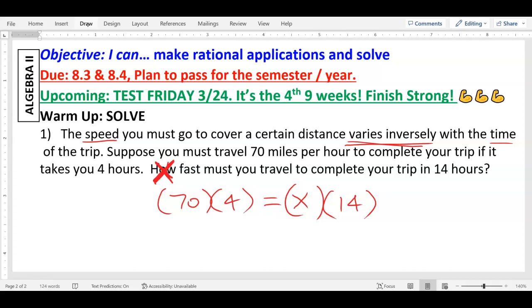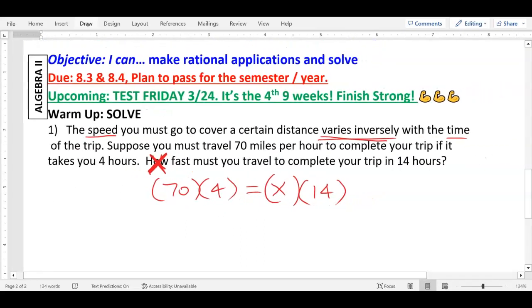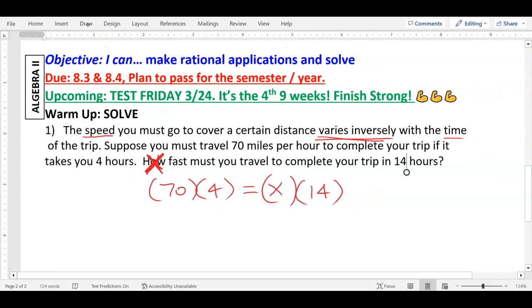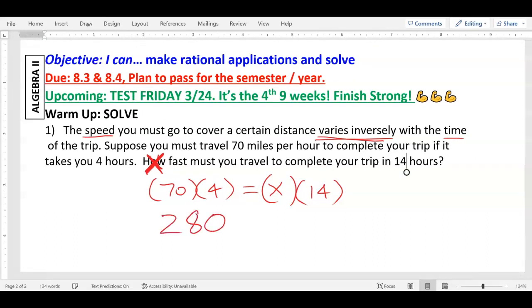So now we can solve this. So what's 70 times 4? 280. Thank you. And then x times 14 is 14x. Okay. Last step. 14x. What do I do with that 14 to get rid of the 14?